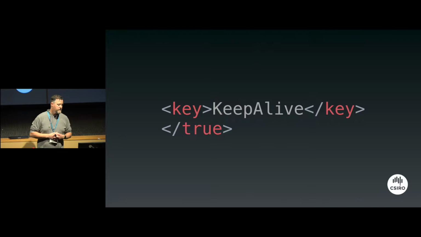Keep alive. So keep alive is an interesting one. You can set it, so if you have a program that runs, does a thing, and then exits, and you have keep alive true, then as soon as it exits, it will run it again, and it'll keep doing that forever. It does exactly what it says, it keeps it alive.